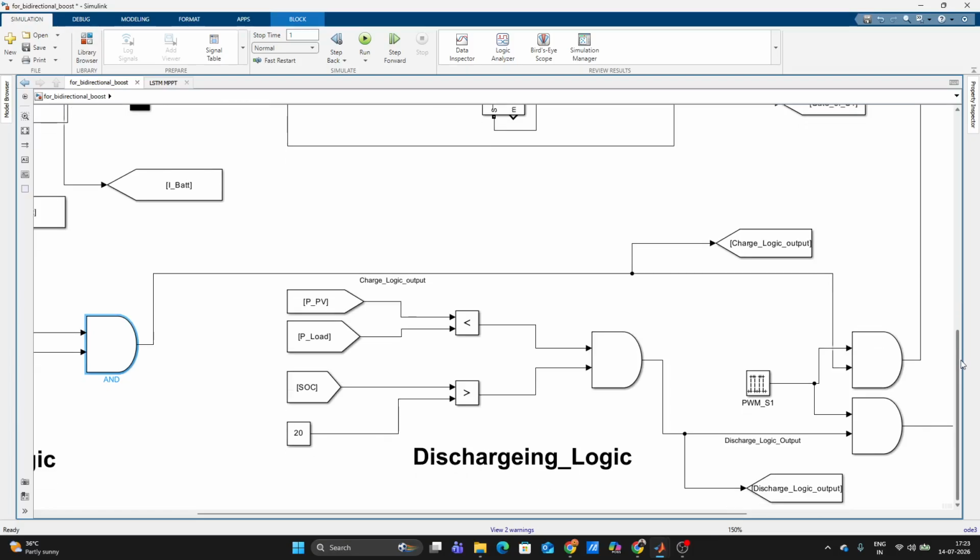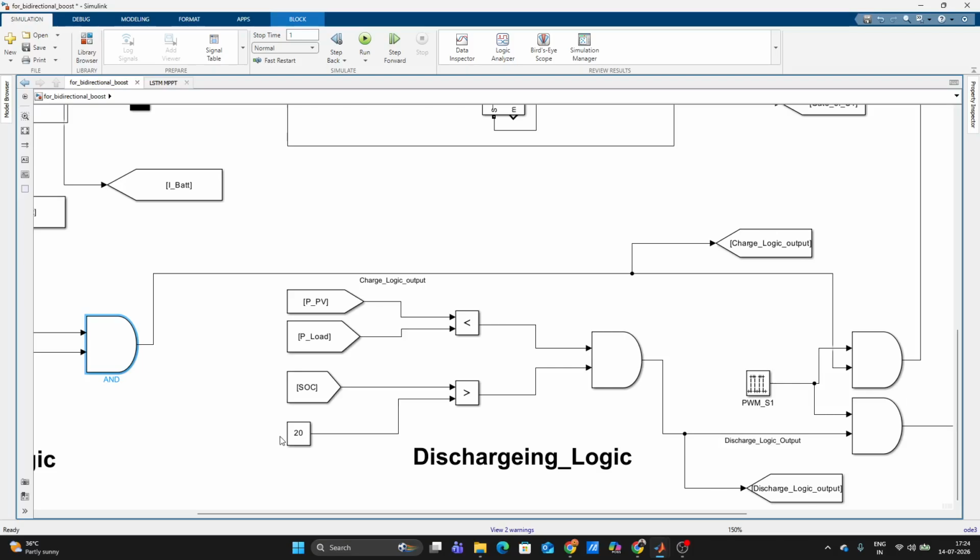Then the discharging logic. When PV is less than P load, meaning the solar PV itself is not able to generate enough power to supply the demand, and the battery state of charge is greater than 20%, at that condition the battery will discharge.